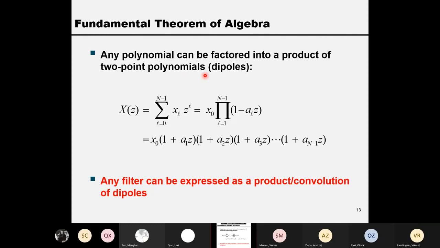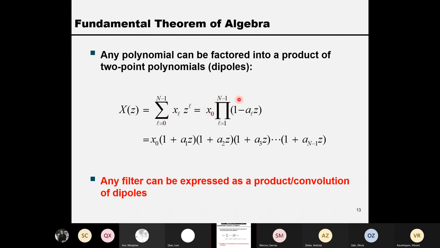We learned this in high school, factorization. For example, this general filter has n samples from 0 to n minus 1. The Z transform is a polynomial of Z, and this one can be factorized.